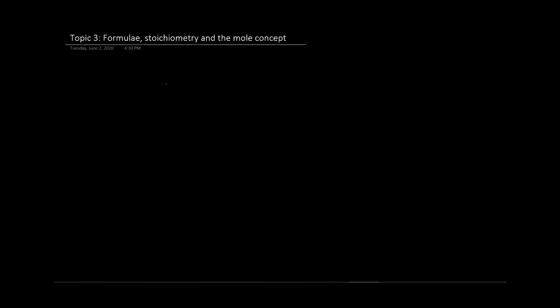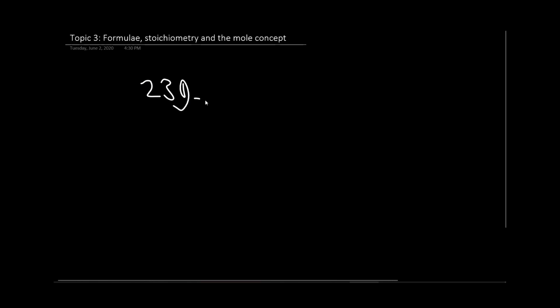But the question that still lingers is, how much is that? Yeah, it's pretty understandable that 23 grams of sodium will be having 1 mole of sodium in it. That's pretty alright, but how much exactly is that? How many atoms or how many particles of sodium will be in it, right?